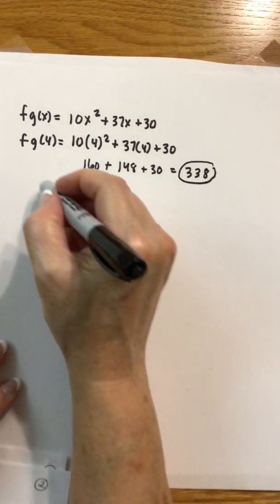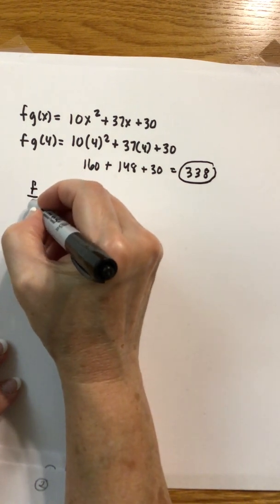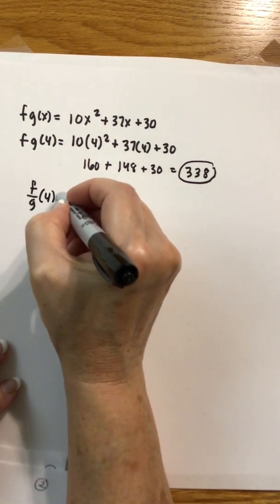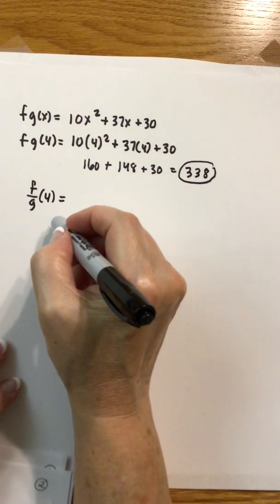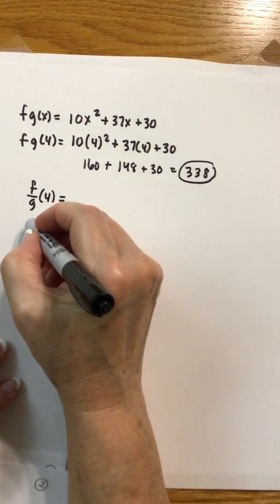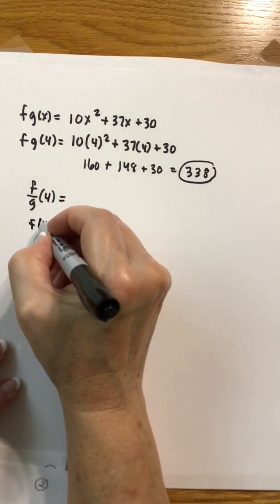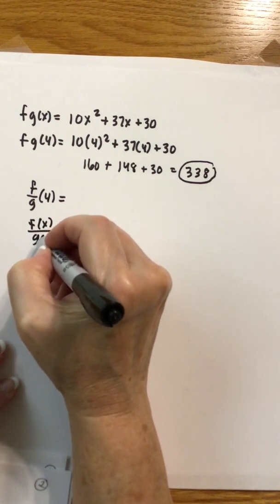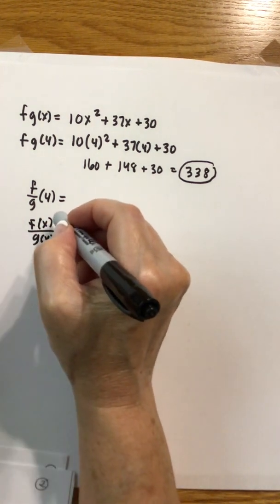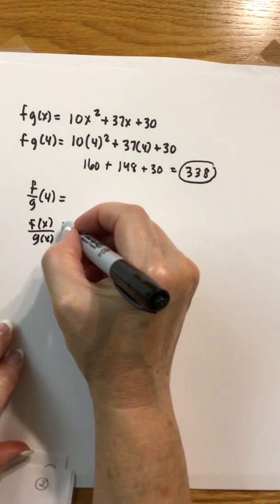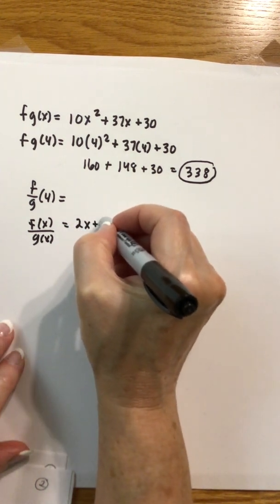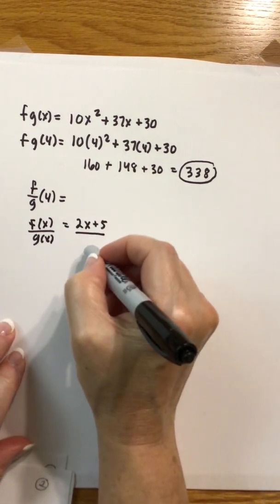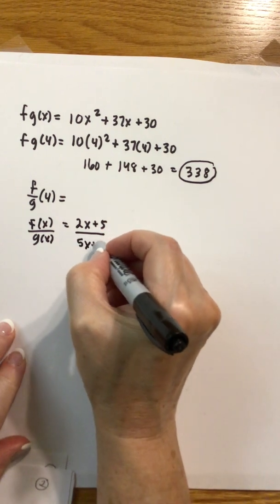All right, the last one it's going to ask us for is f divided by g of 4. So we said f divided by g of x is just placing one on top of the other. So we had 2x plus 5 over 5x plus 6.